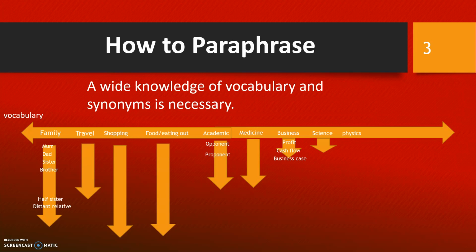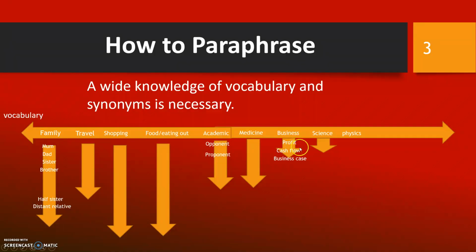Right, what else do we need to paraphrase? Well, if you're a second language learner of English, then you'll need to have a lot of vocabulary. Maybe right now you've got a lot of vocabulary about family and shopping, but maybe you've only got a little bit of academic language.